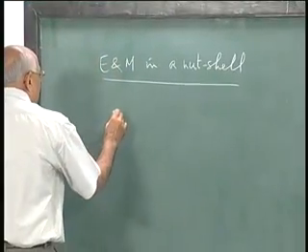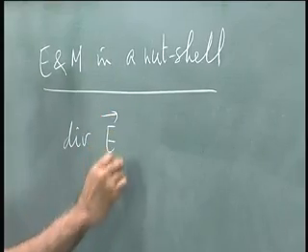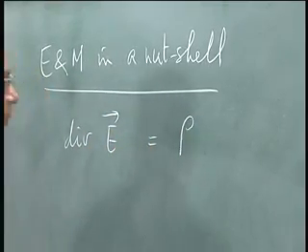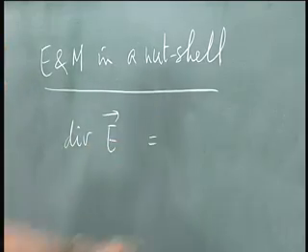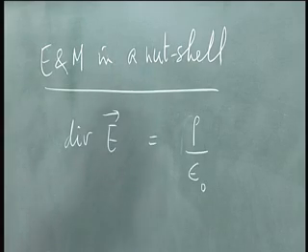So I start off by saying the first equation is the divergence of the electric field. This is the charge density, and I will use standard international units, so it is rho over epsilon naught.